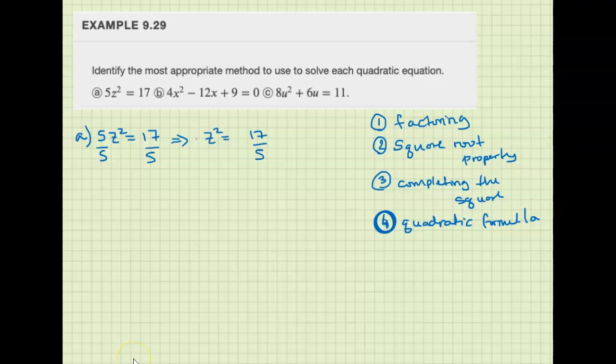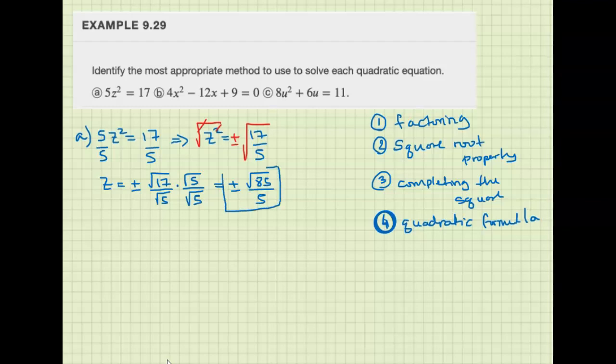Then I can take the square root of both sides with that plus and minus, and you get the solution. I have z equals plus or minus square root of 17 over square root of 5. I'm going to rationalize, and we get z equals plus or minus square root of 85 divided by 5.